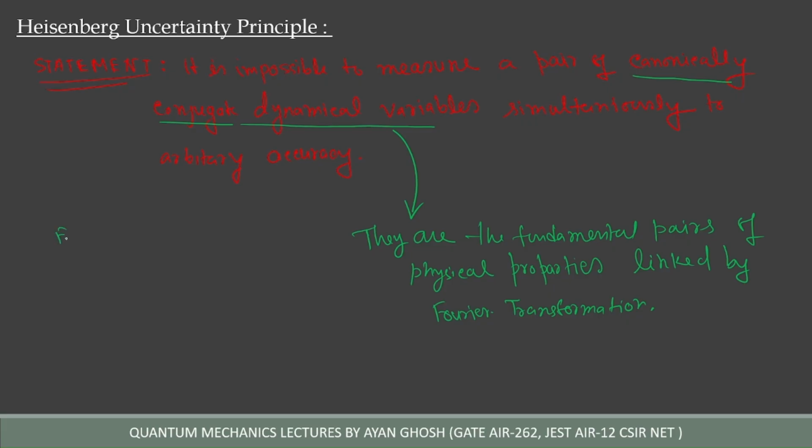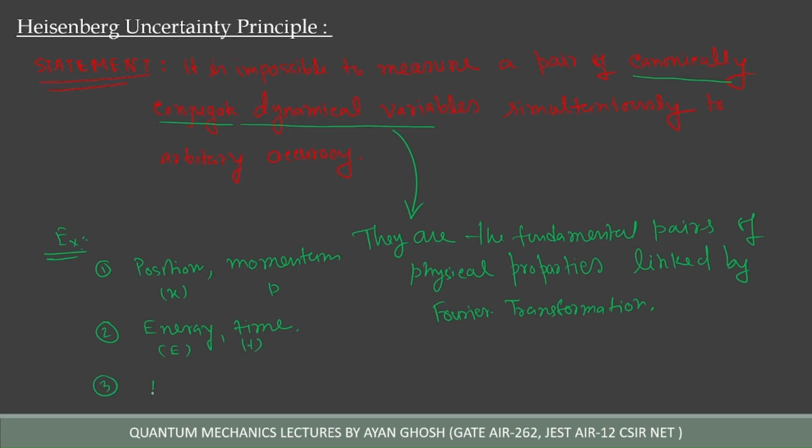For example, number one is position and momentum, like x is the position and p is the momentum. Number two is energy and time, that is E and t.